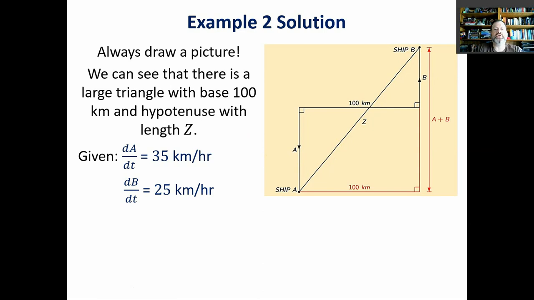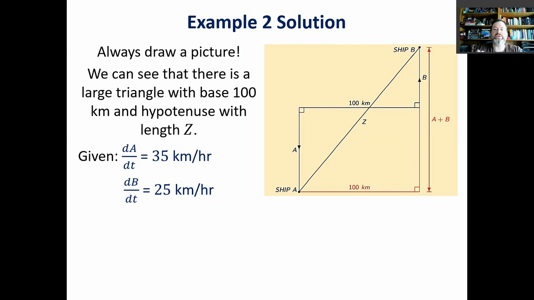So we were given the rate of change of both ships, right? A couple things. You're not required to label things as positive or negative, left and right, up and down, forward, backward, when you're doing these kinds of geometric problems. A is moving south, so you could call that a negative value.